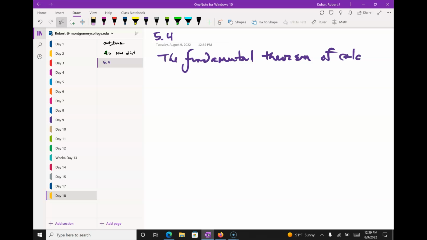You remember the fundamental theorem of algebra? Anybody remember the fundamental theorem of algebra? All polynomials can be factored down to single factors with multiplicity, and the factors could be real, meaning rational, irrational, or they can be imaginary, right?